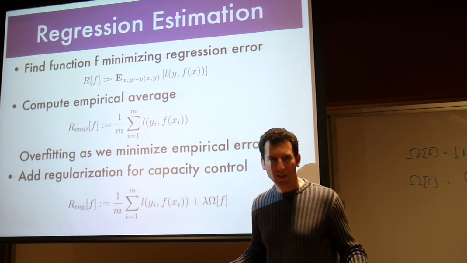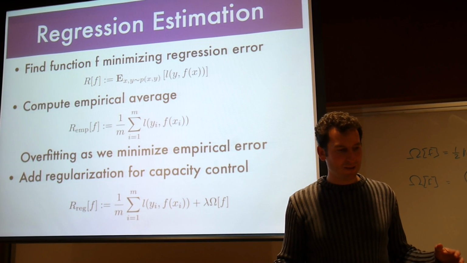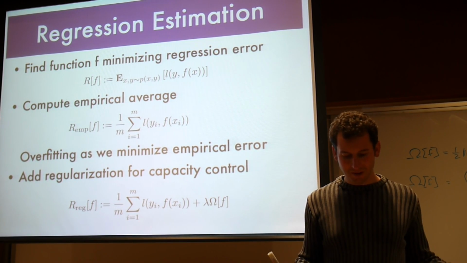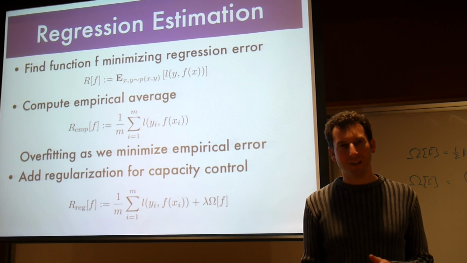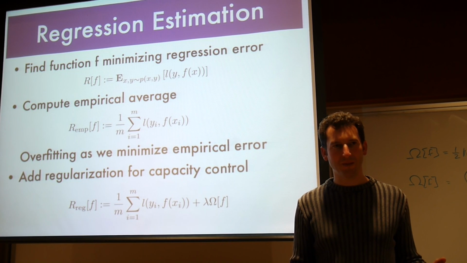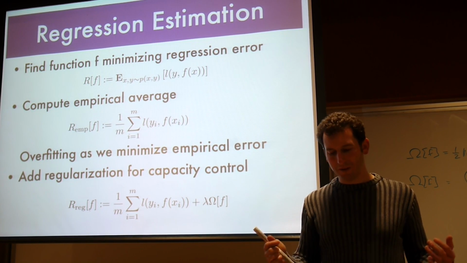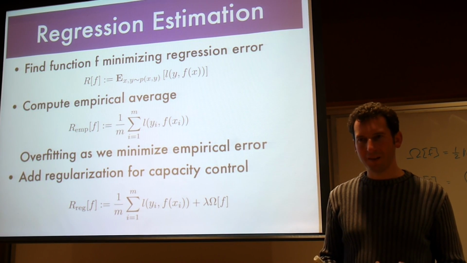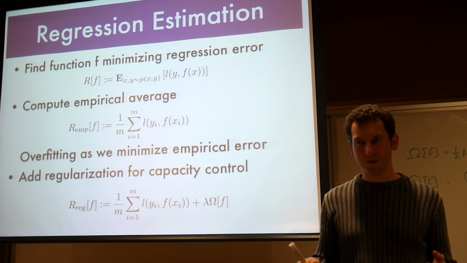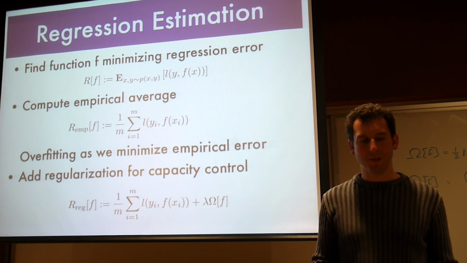In other words, I want to make sure that I don't just fit all the data entirely, but at the same time also have a function that's reasonably well behaved, reasonably smooth. For instance, if you think about polynomials, I might penalize a lot if I have higher order polynomial coefficients with very large weights.